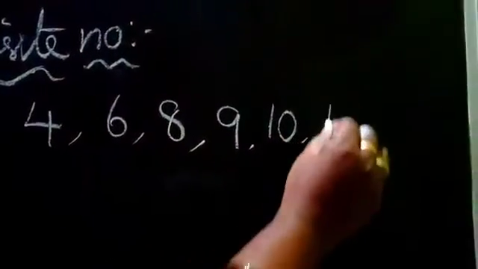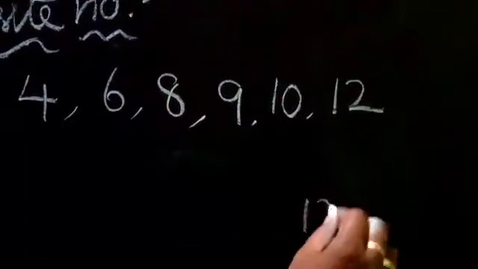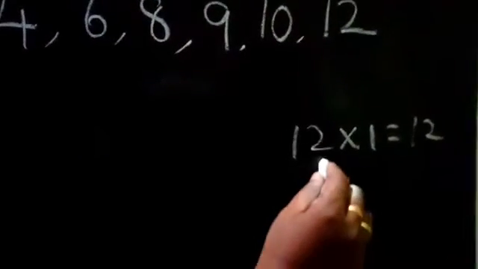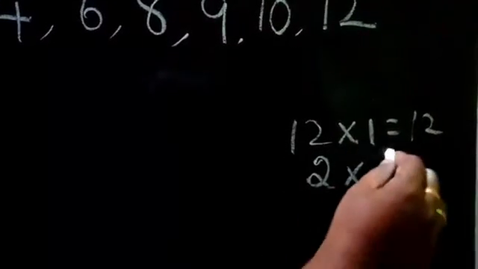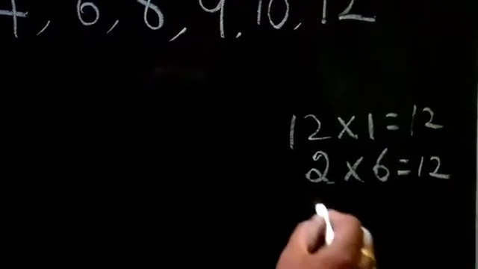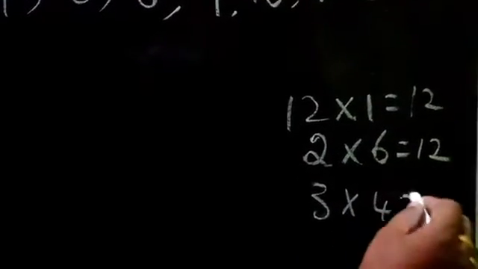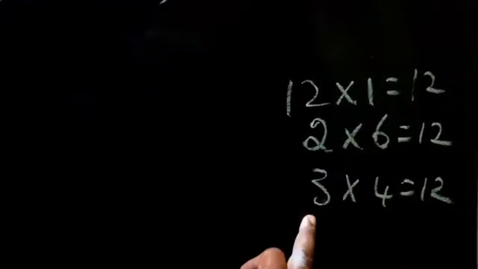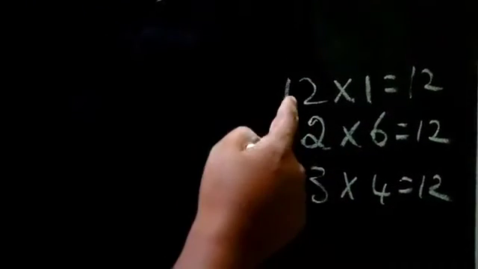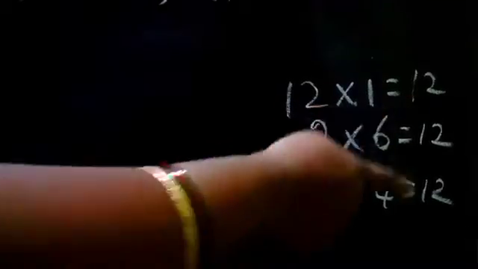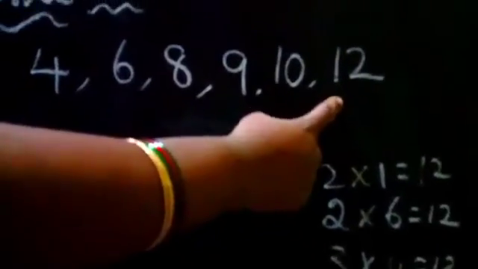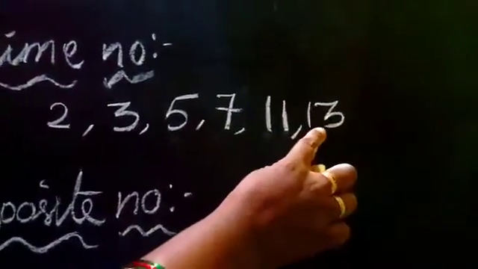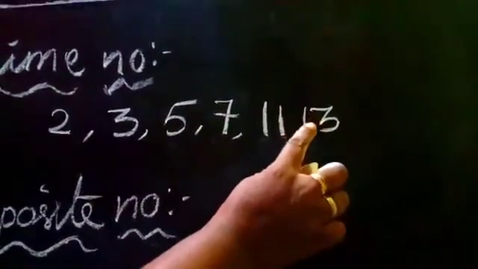Next 12. 12 ones are 12. 2 6s are 12. 3 4s are 12. So the second table or sixth table, third table or fourth table, 12th table, it will come. So this is a composite number. Next number is 13. 13 will go in the 13th table only one time.